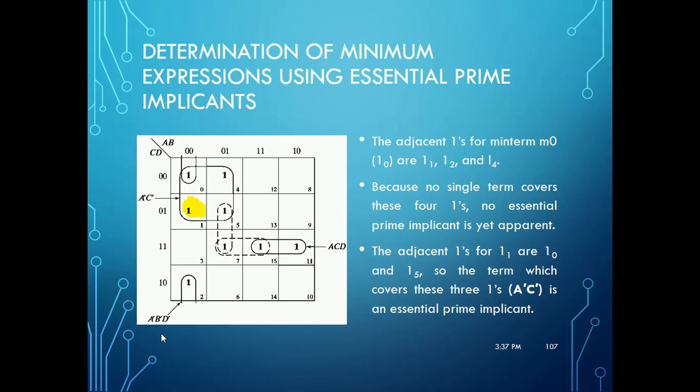The term which covers these ones is this term, A bar C bar. Since it is covered by only a single term, that is A bar C bar, M1 gives an essential prime implicant.